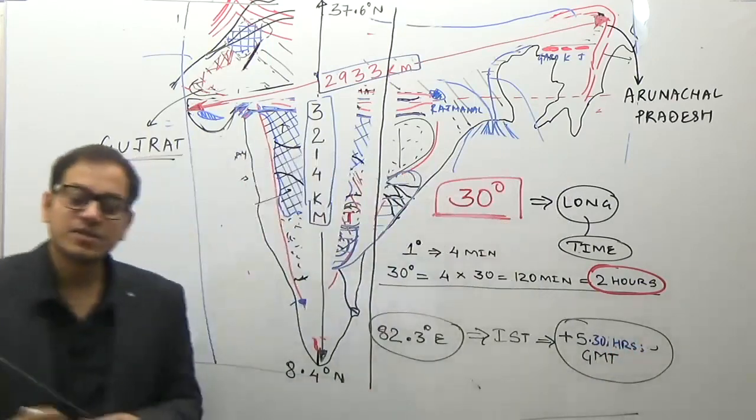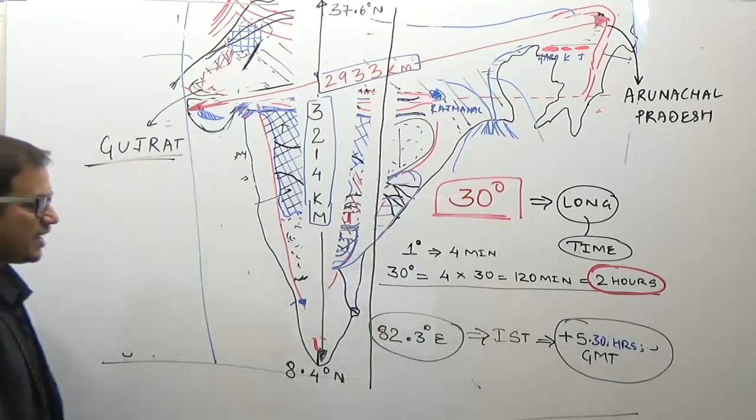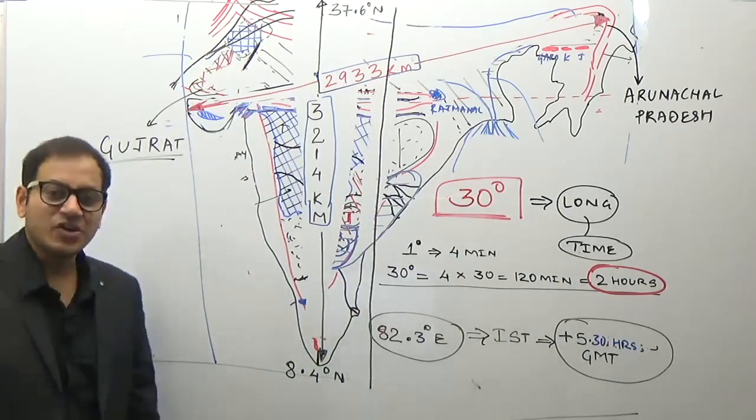So we are 5 hours 30 minutes ahead of Greenwich Mean Time, because this 82.5 degree east longitude is the Indian Standard Time.